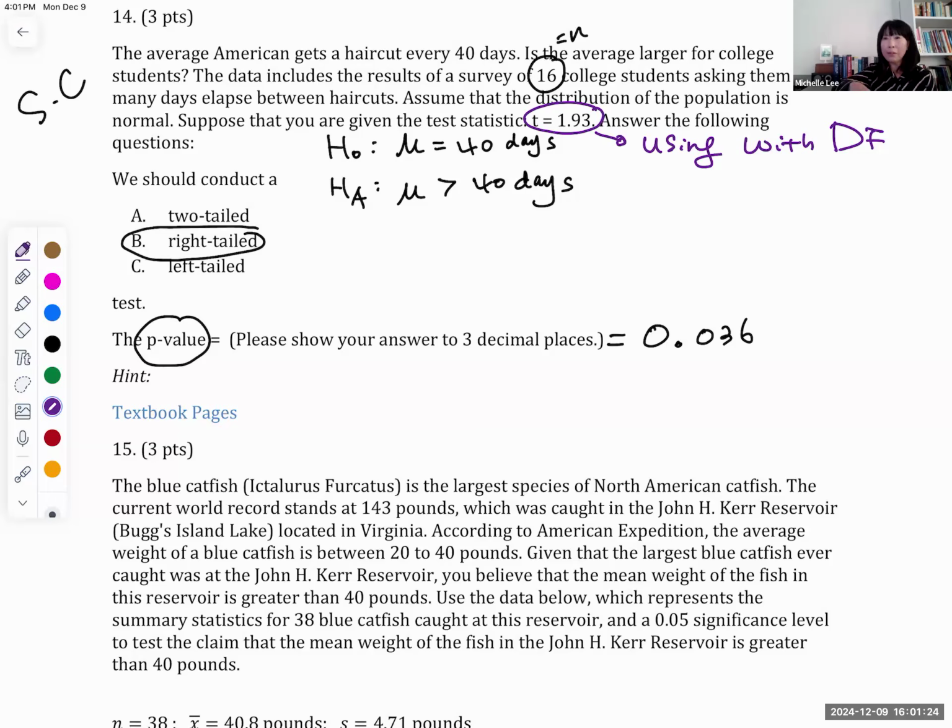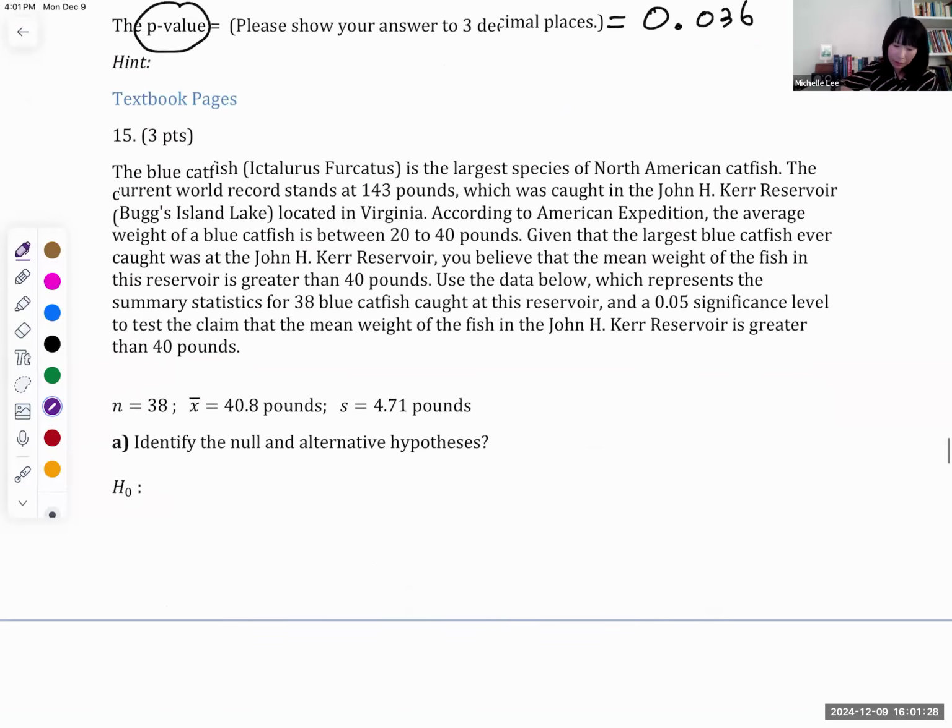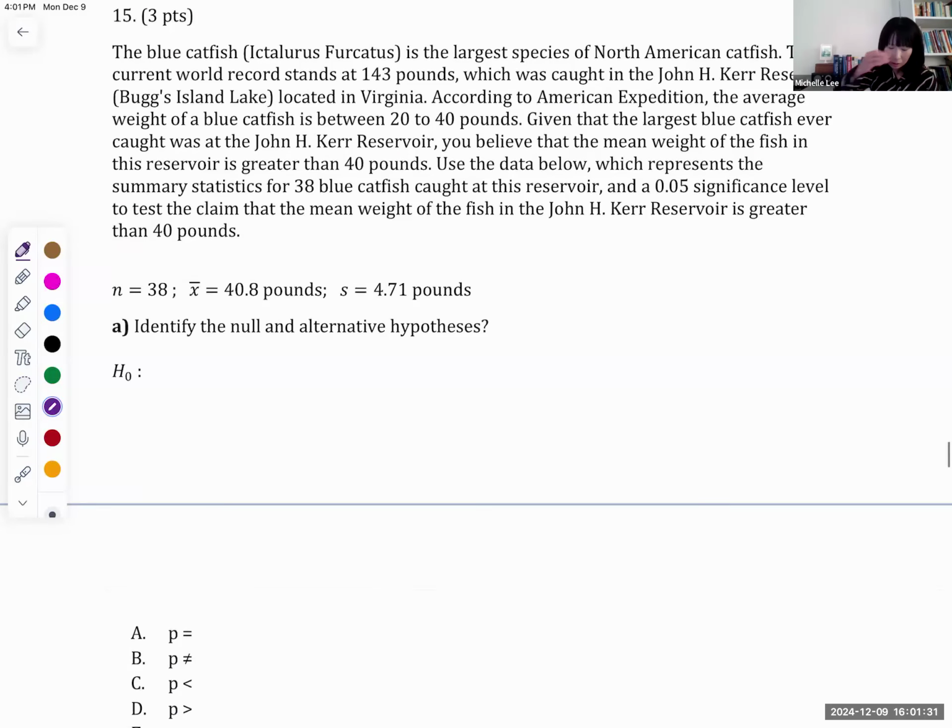All right, number 15. Oh, here, 15. Please read. Once again, set up the null and alternative hypotheses. Excellent: mu equal to 40 and mu is greater than 40.